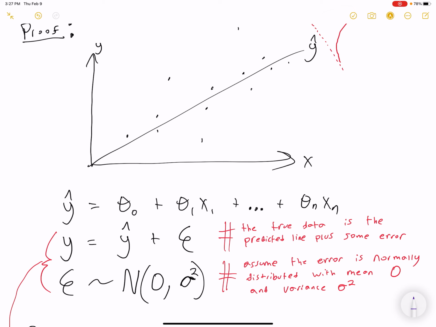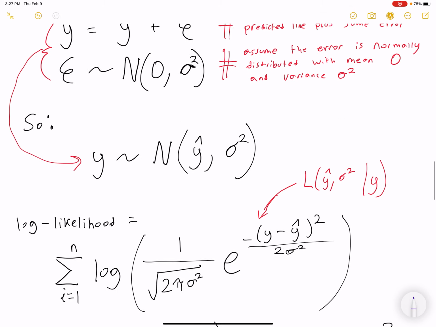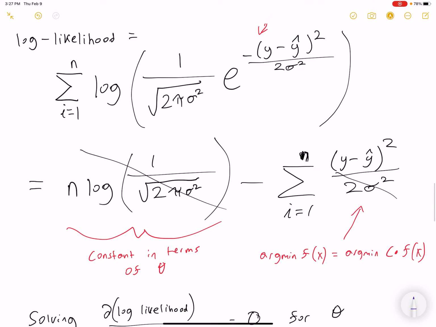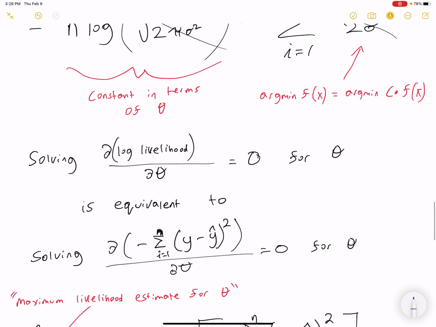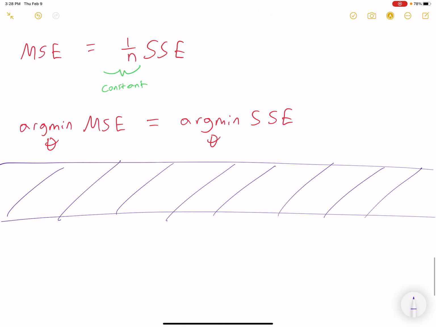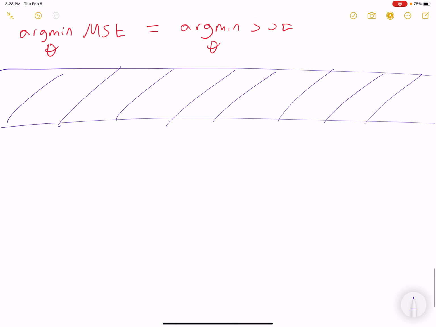Oh, so we get to choose a standard deviation. And it really doesn't matter what the standard deviation is because it gets canceled out later, so whatever the standard deviation is, it doesn't affect this derivation. It's a constant in terms of theta. I'll just put a note here that standard deviation is irrelevant, it gets canceled later.